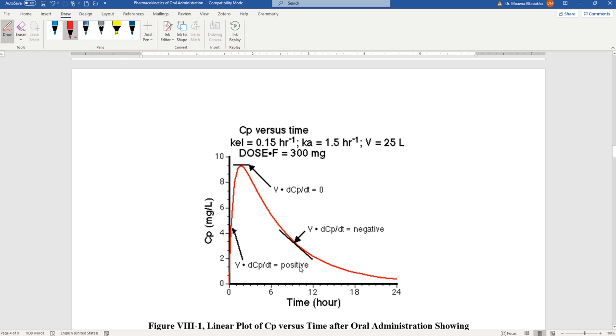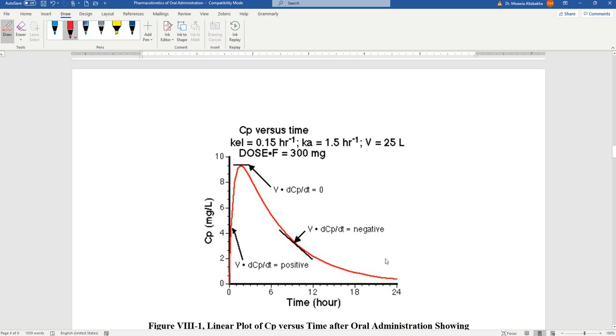Here we have a positive change in concentration, which means increasing concentration until both input and output are equal. In this case we reach the maximum concentration. What happens after that? The dominant process is the elimination rate. So we have a negative change in concentration and the drug concentration decreases.